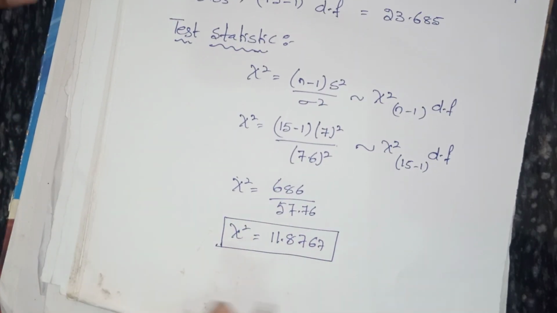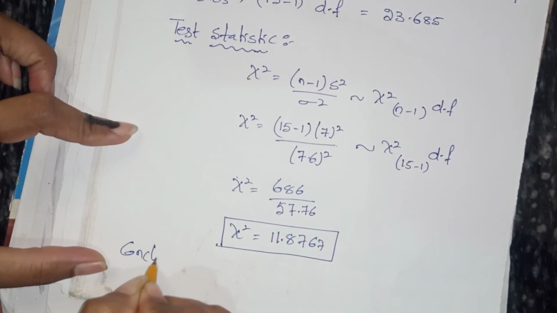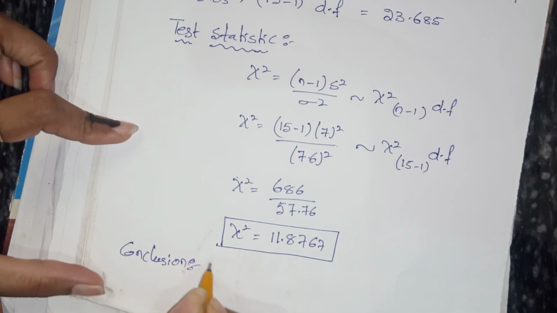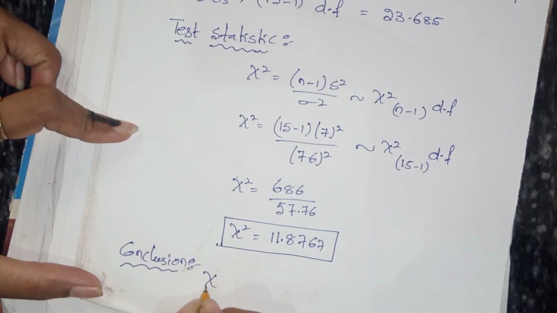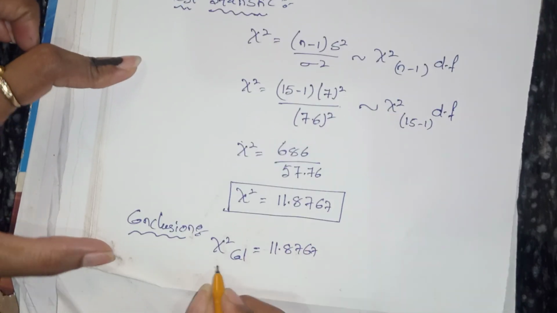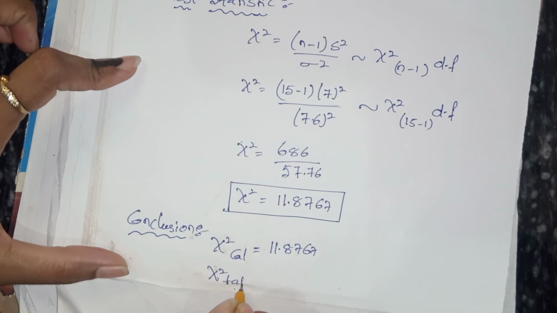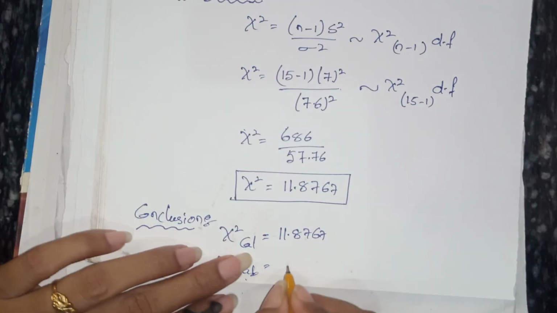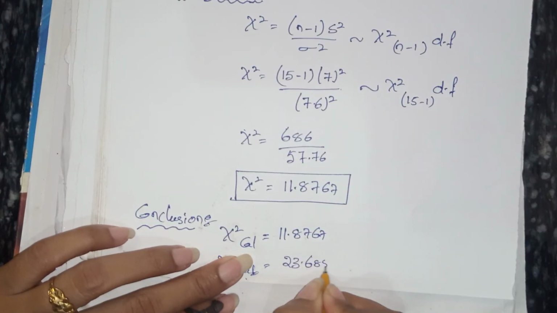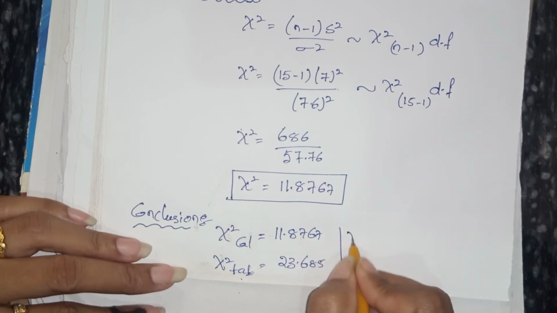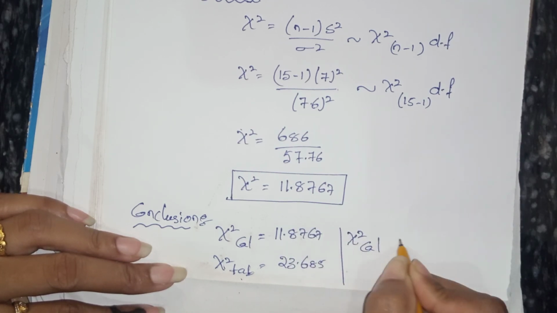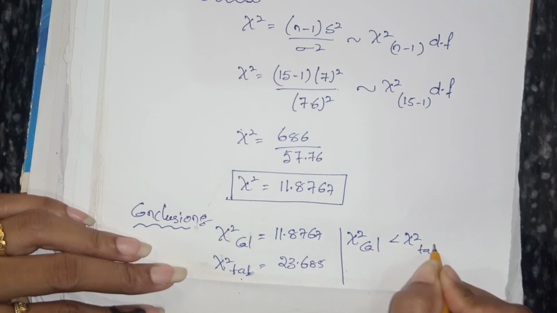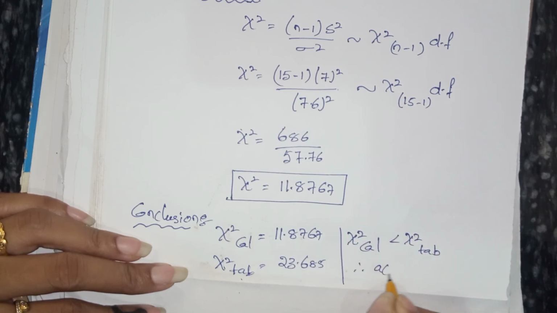Now the conclusion. Here the chi-square calculated value equals 11.8767. The chi-square table value we fixed is 23.685. The criterion is that chi-square calculated is less than chi-square table, therefore we accept the null hypothesis, H naught.